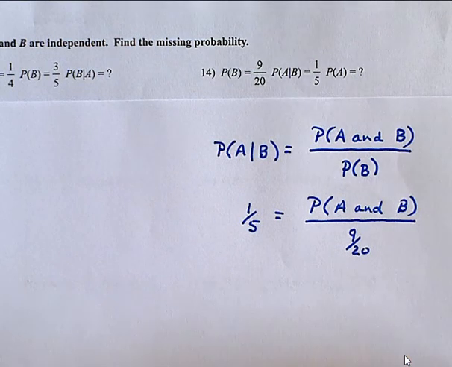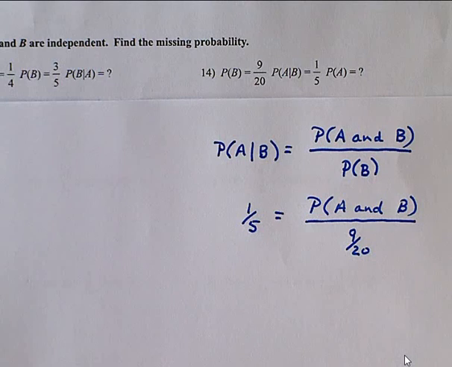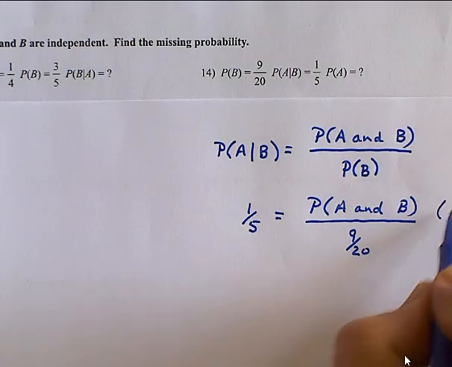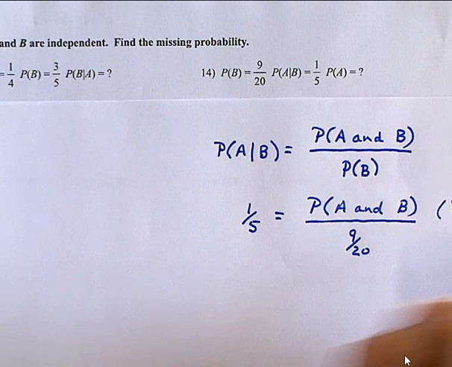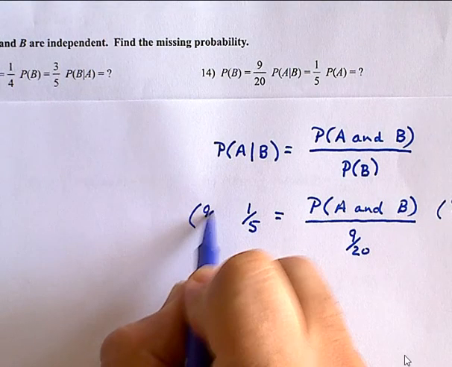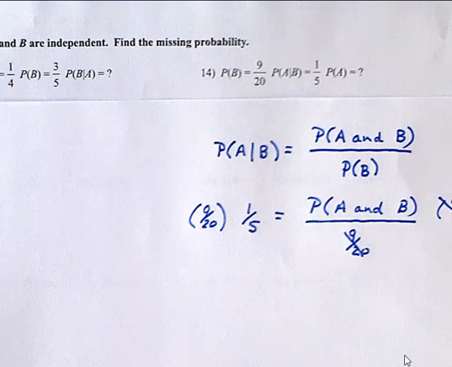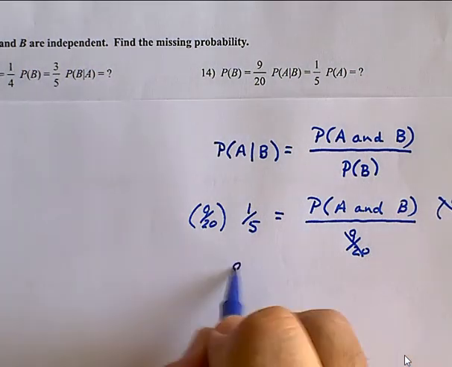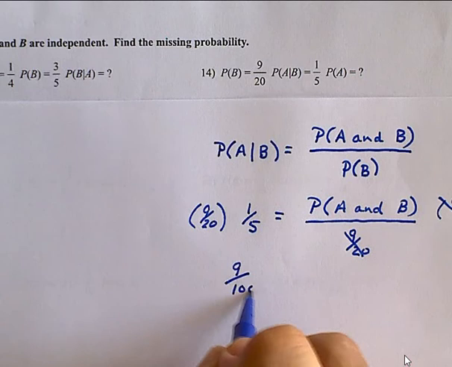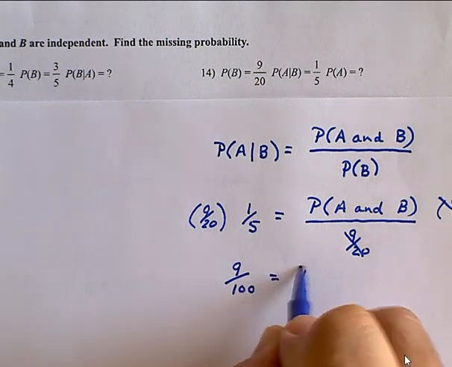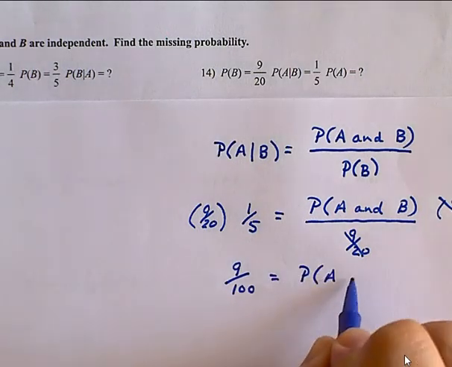So I need to solve that for A and B. To get rid of that fraction in the bottom, I'm going to multiply by 9/20 so that those drop out. And this becomes 9/100 equals the probability of A and B.